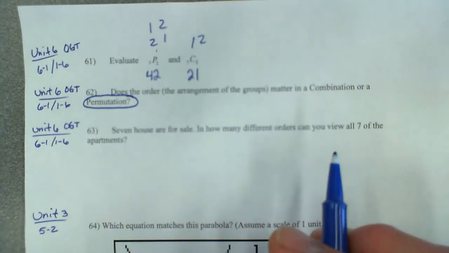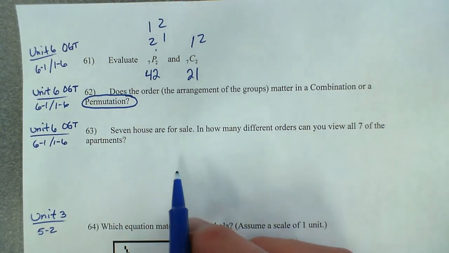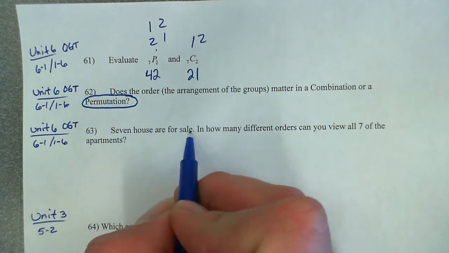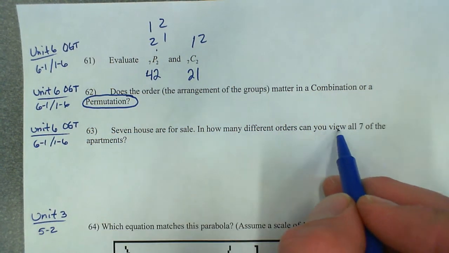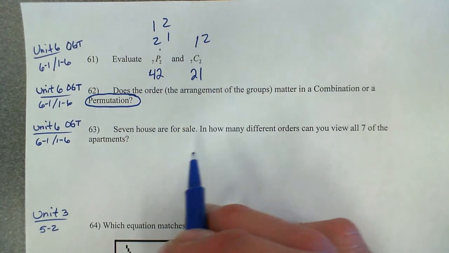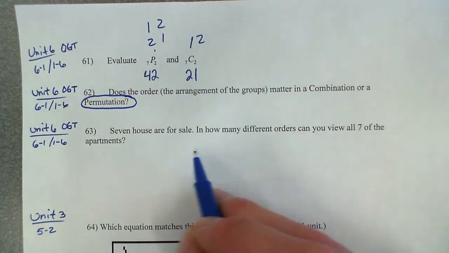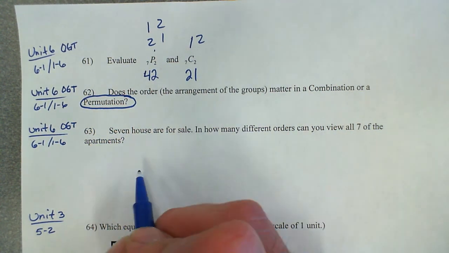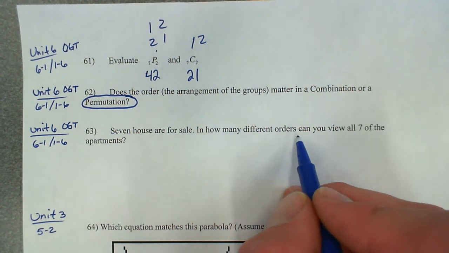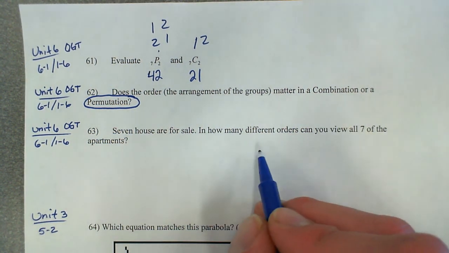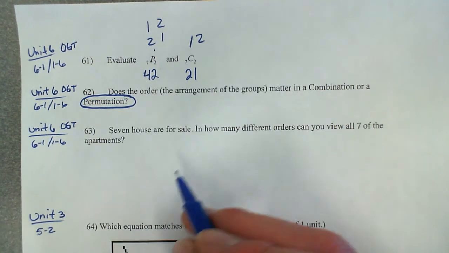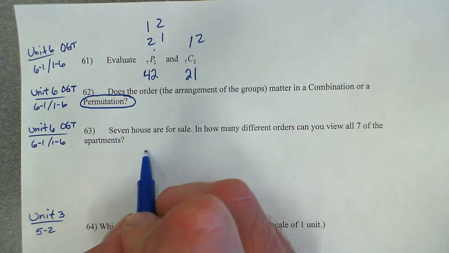Okay? So on 63, we want to decide which one we're going to use and then how many we have. So you have 7 houses for sale. How many different orders can you view all 7 of the apartments? Okay? So we only have 7 things, and we're going to see all 7. And the order is important because we want to see how many different ways we can view those, the sequence. Do we want to go to this house first, or that house first, or this house second?